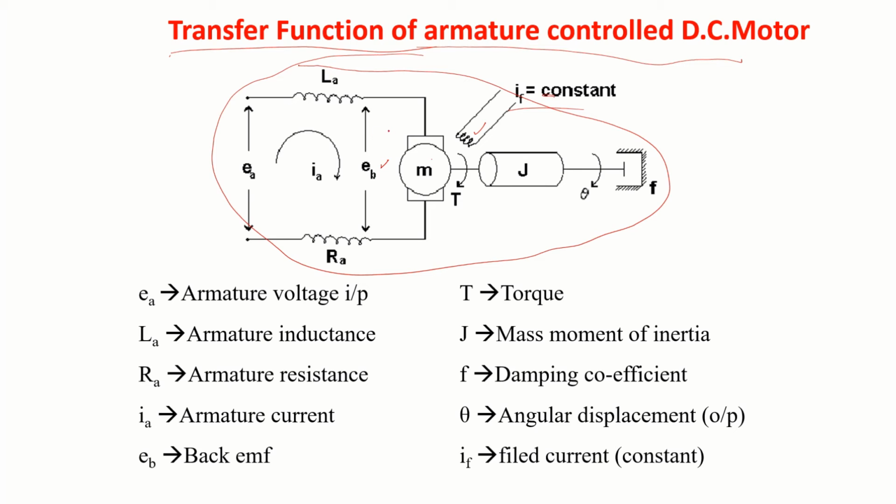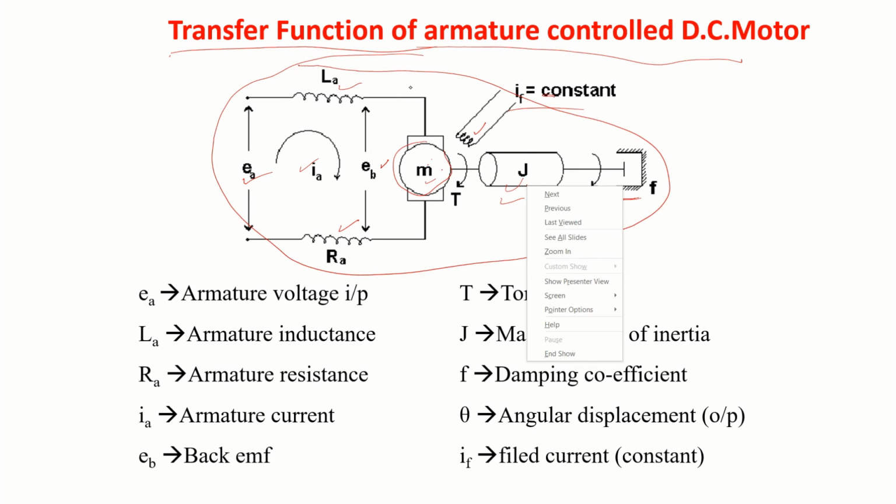This is the armature inductance, armature resistance, the input voltage, and the armature current. This motor will develop a torque T, and is driving a rotating mass with bearings and damping.